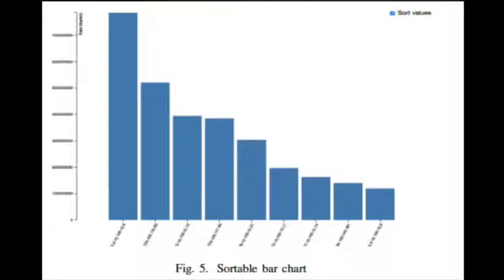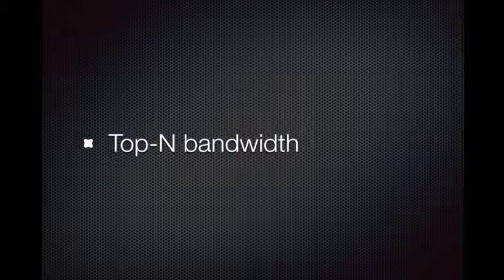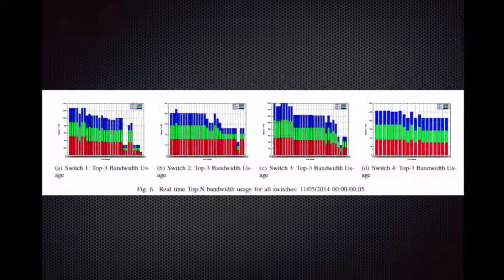For the batch processing, we have a dynamic table which sorts and gives us the output of different kinds of data based on the time. For the top N bandwidth in the real-time processing, we have this visualization through Python, which shows the top three bandwidths from 5 minutes of data for every 10 seconds.